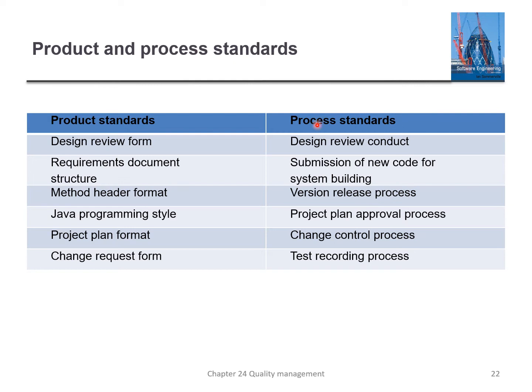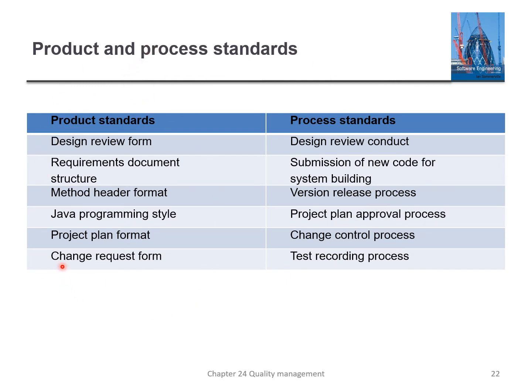Process standard, as I mentioned, is related to the processes that you follow in doing certain tasks, for example, the process to conduct a design review. If you want to conduct a certain review, what is the process? If you want to do test recording, let's say you want to record the testing, what are the processes? On the other hand, product standards are related to the product itself.